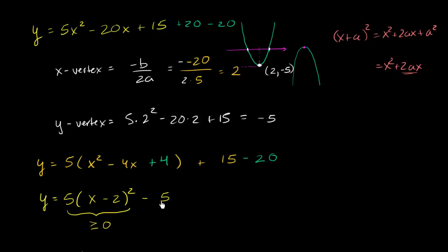So this whole thing is going to hit a minimum value when this term is equal to 0, or when x equals 2. And when x equals 2, this whole term is 0, and y is equal to negative 5. The vertex is 2, negative 5.